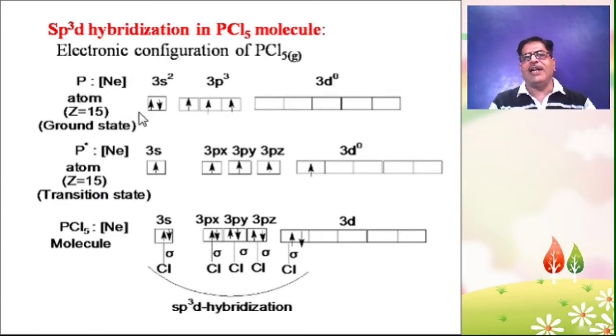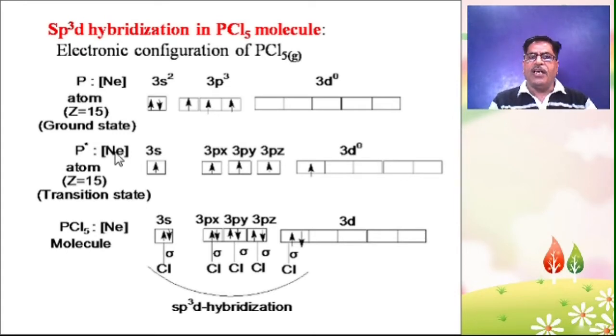So in the ground state there are 2 paired electrons in the 3s orbital and 3 unpaired electrons in the 3p orbitals. These 3 unpaired electrons can each combine with only 3 Cl atoms, so in the ground state the PCl5 molecule is not observable.